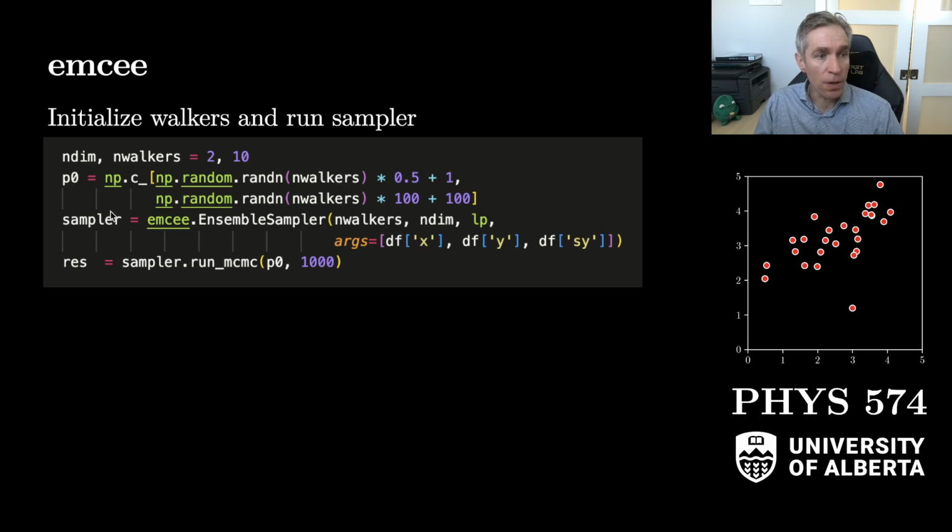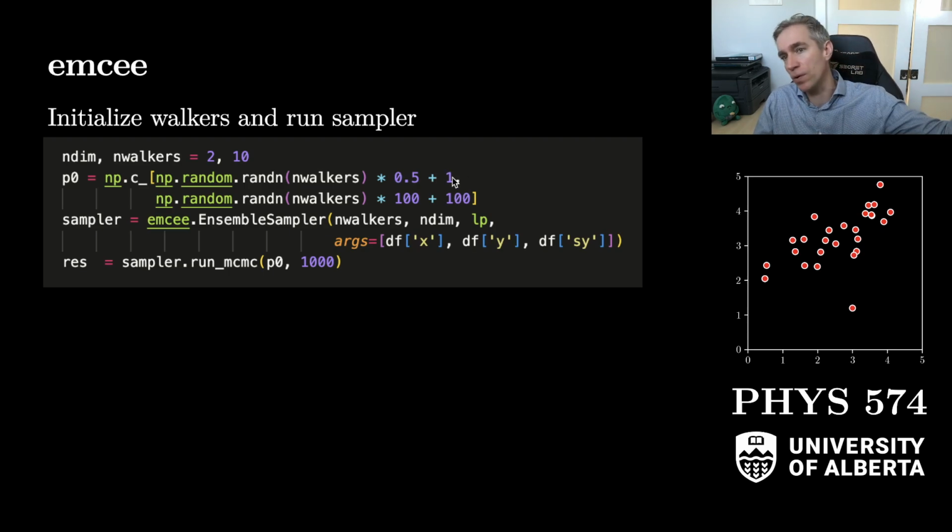So we're going to start off by building an initial random parameter vector. We're going to use np.c_. If you don't know, this does a column concatenation of two one-dimensional arrays into a two-dimensional array. Then we say, give me some random numbers that correspond to the number of walkers. This is going to be initially my slope, scattered with a range of 0.5 centered around 1.